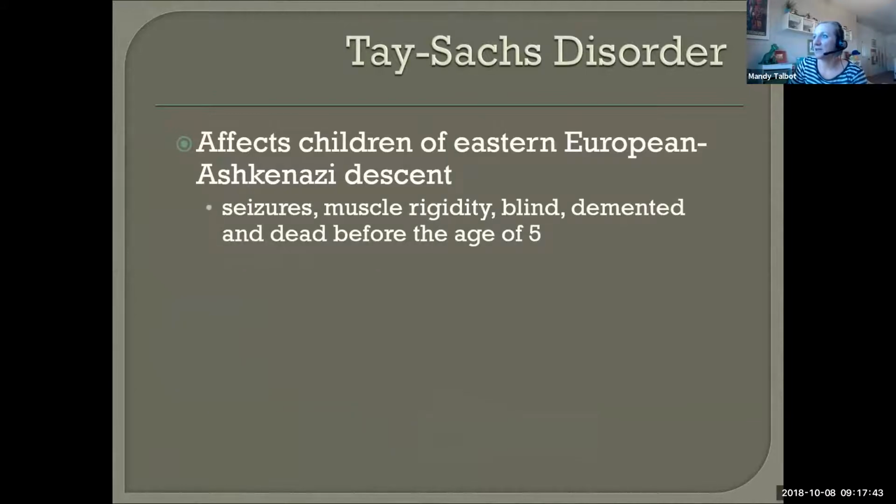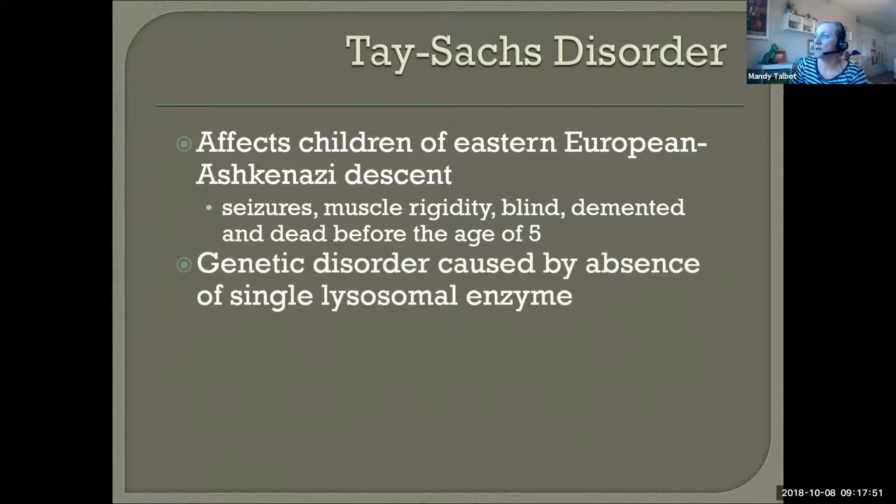Interesting application here, Tay-Sachs disorder, which affects children of Eastern European descent, is caused by the absence of a single lysosomal enzyme. And if you look at the importance of DNA and genes and how one little change can cause a huge problem, this is a good example.